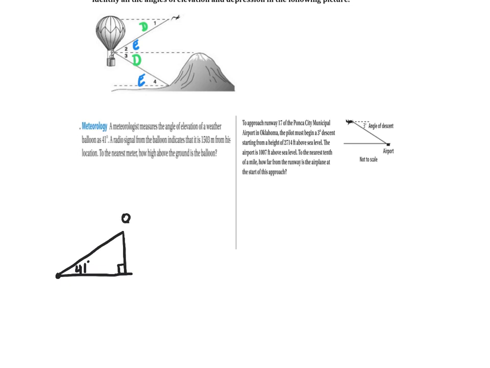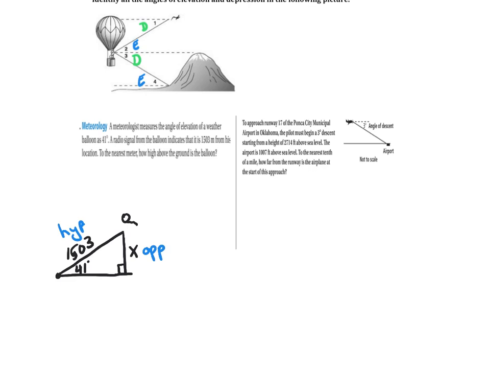We know that we have a balloon here, and the balloon is 1,503 meters from his location. And then we want to know how high above the ground the balloon is. So that's x. Based on the 41 degrees that we were given, we have the opposite side and the hypotenuse.